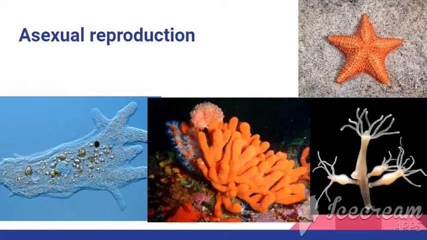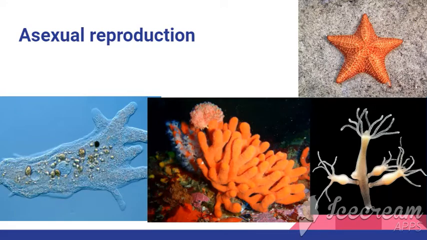See, the production of new organisms is from one parent. So the offspring produced by asexual reproduction has the genetic material of only one individual and it is an identical copy of it.